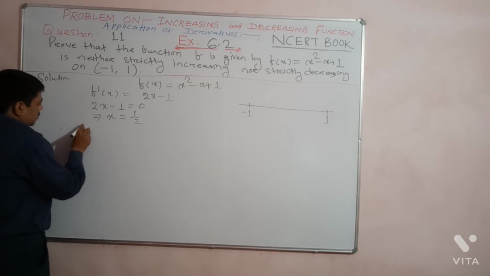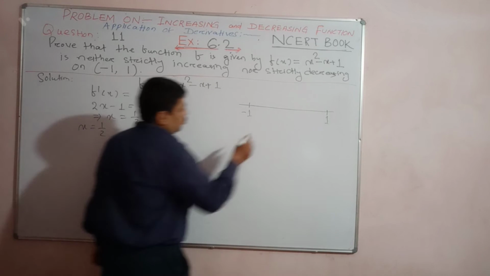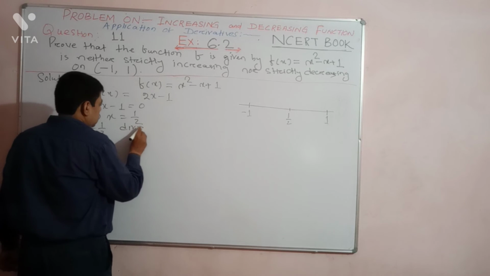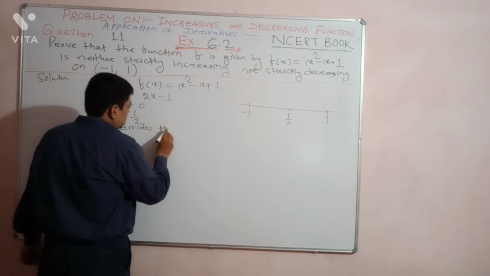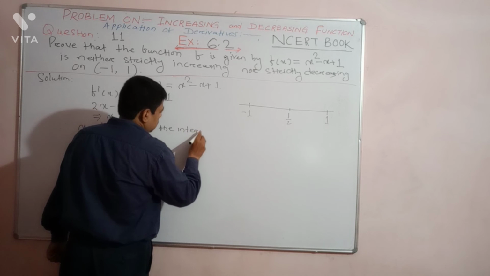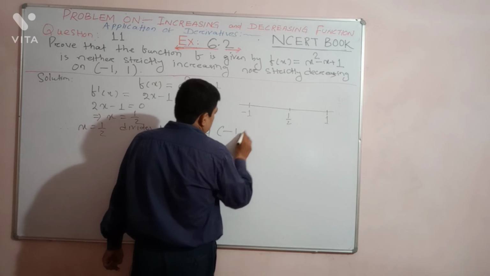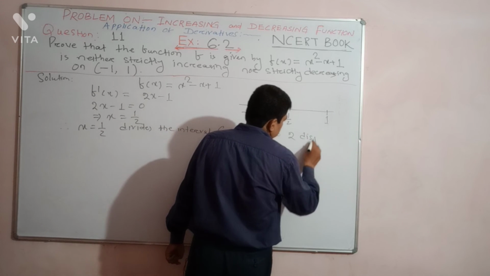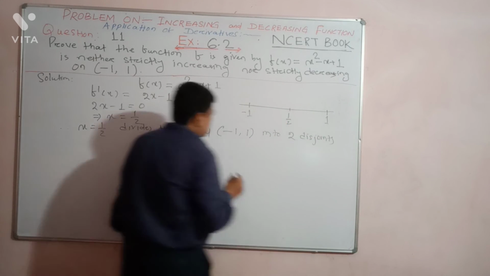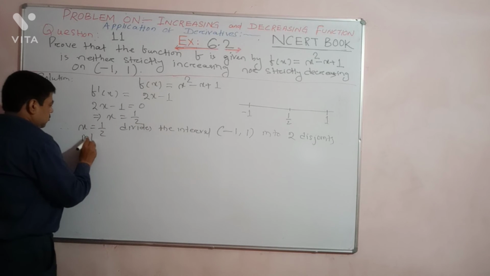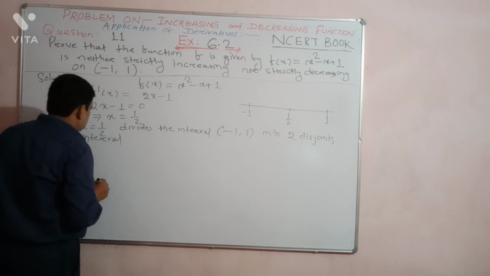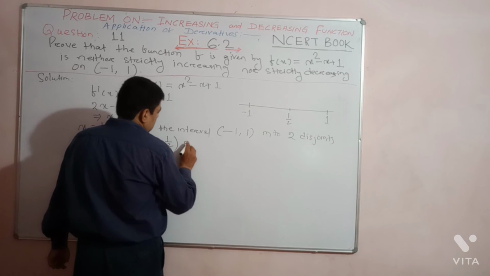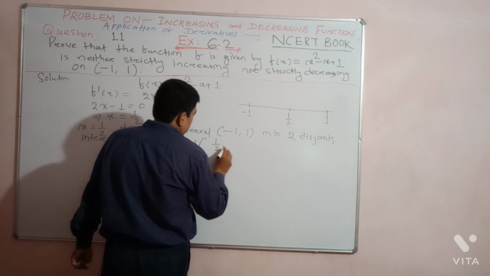The point x = 1/2 divides the interval (−1, 1) into two disjoint intervals: one interval is (−1, 1/2) and another interval is (1/2, 1).